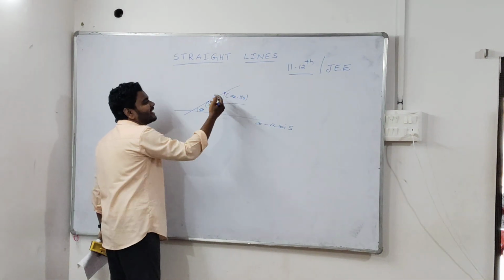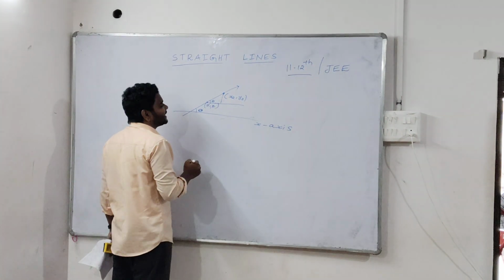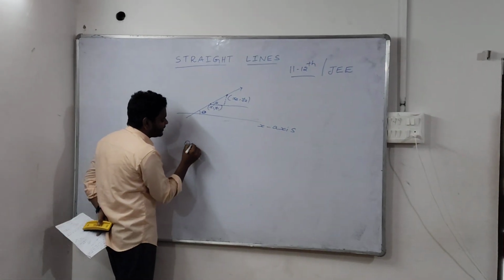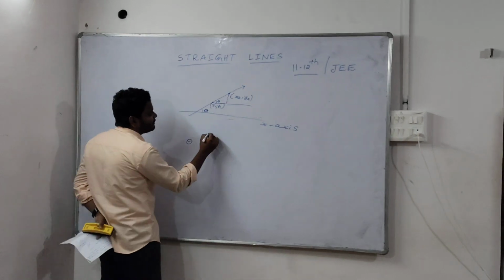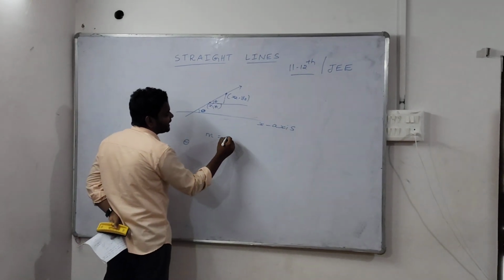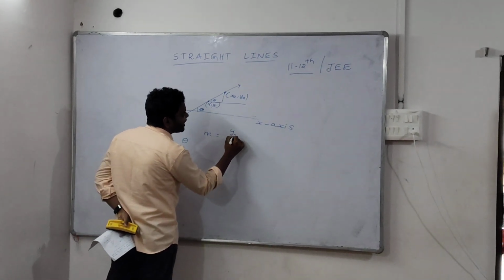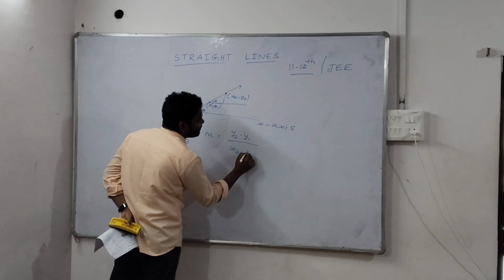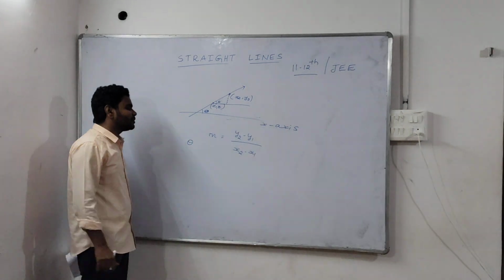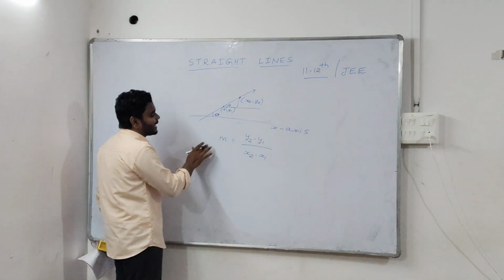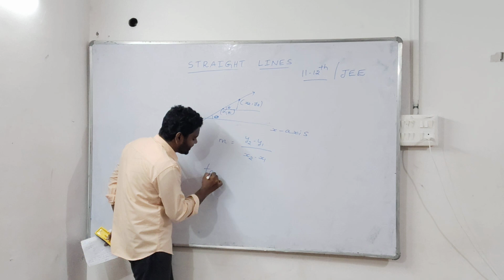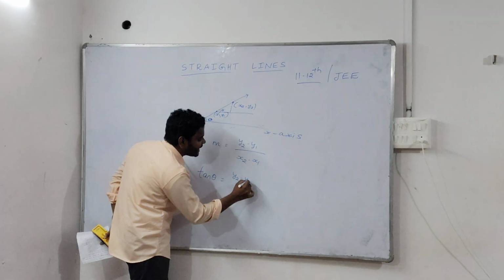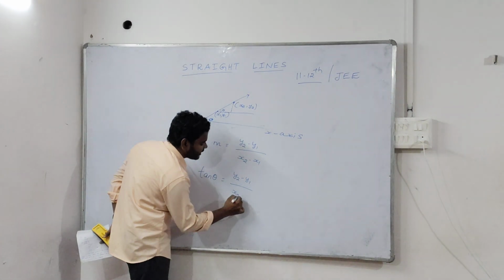If two points are given on a straight line, then we can find the slope: m equal to y2 minus y1 by x2 minus x1. This is the formula, y2 minus y1 by x2 minus x1, which means m is nothing but tan theta. Tan theta equals y2 minus y1 by x2 minus x1.